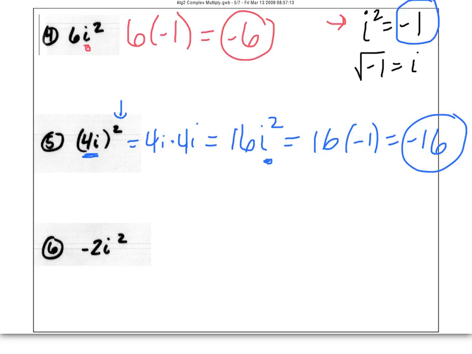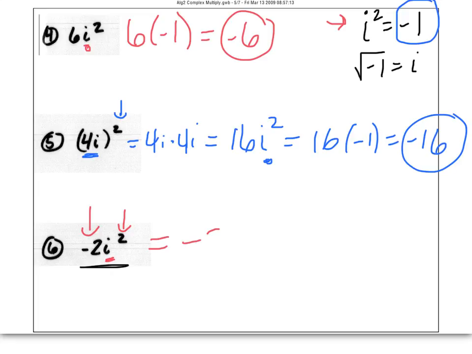Now, number 6 is a little more involved too. You're going to be tempted to write 2i twice because it says negative 2i squared. But you're going to want to notice that this little 2 is only touching this i. It has nothing to do with this negative 2. That negative 2 is just floating out in front of the i squared.